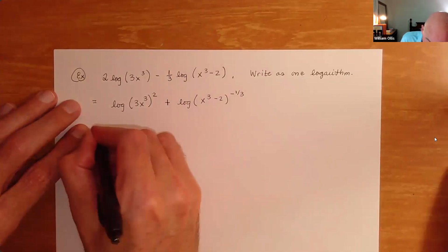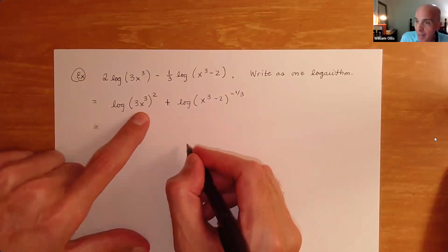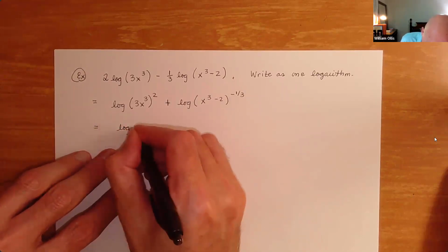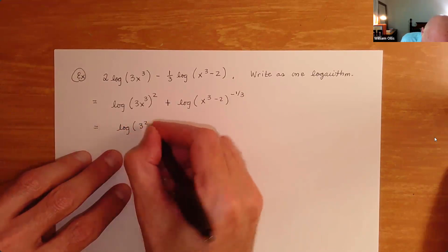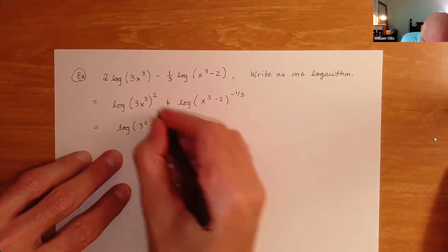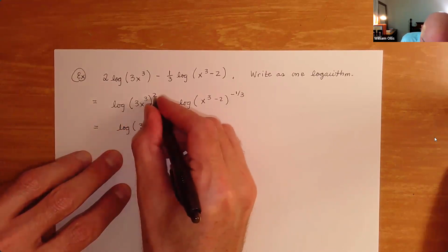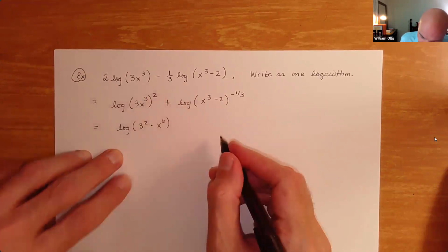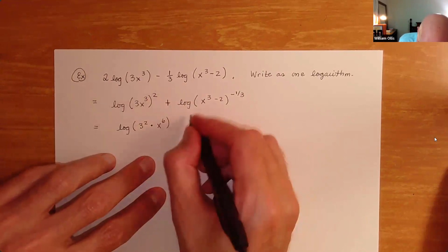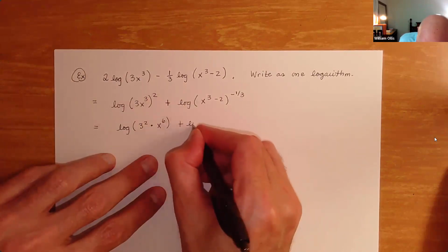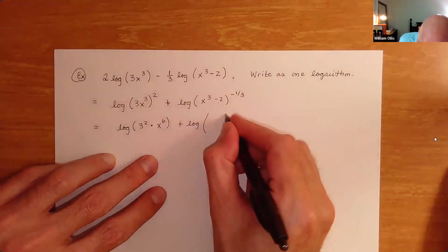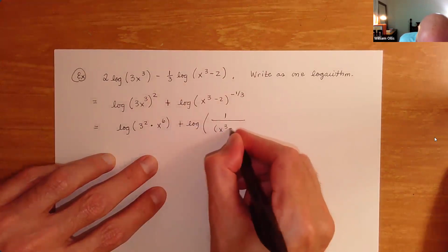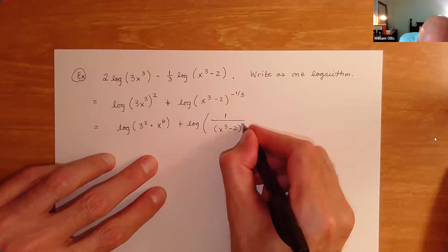Now, if you will, you can go ahead and apply the square. So we have the base 10 logarithm of 3 squared times x to the 6th, which we'll write as 9x to the 6th. And now plus the base 10 logarithm of 1 divided by x cubed minus 2 to the 1/3 power.